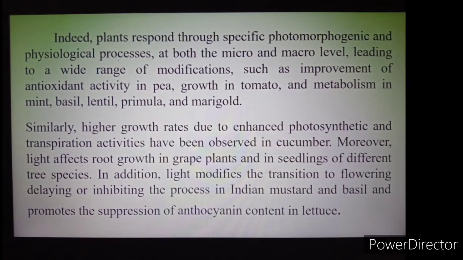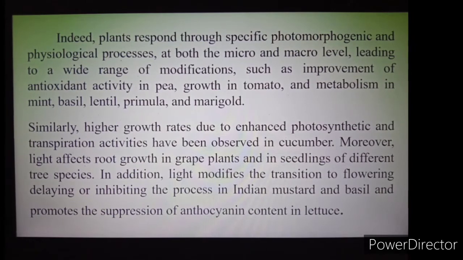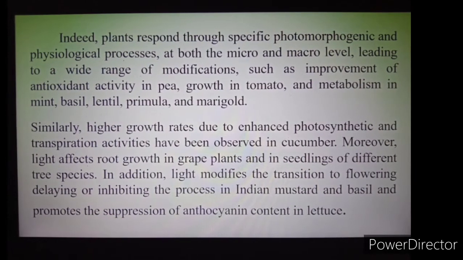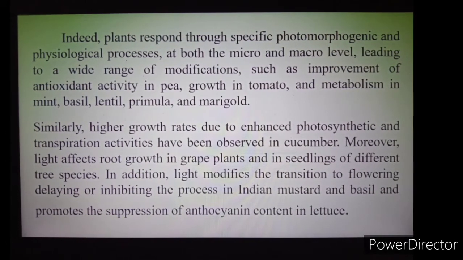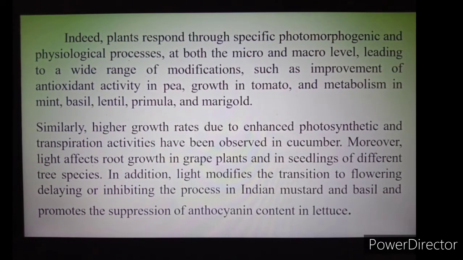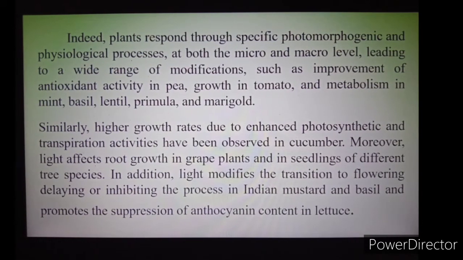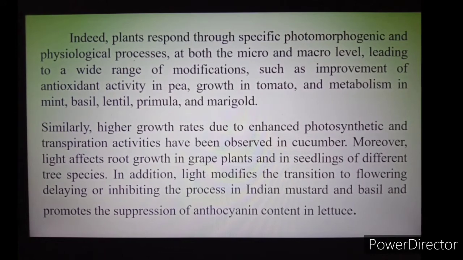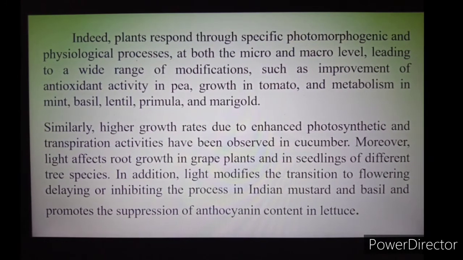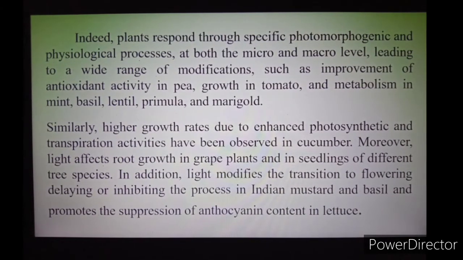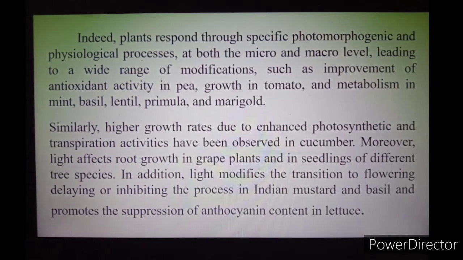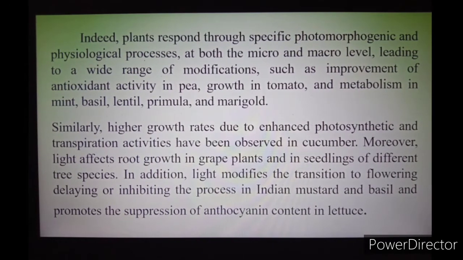Applications such as improvement of antioxidant activity in pea, growth in potato, and metabolism in mint, basil, lentil, primula, and marigold. Similarly, higher growth rates due to enhanced photosynthetic and transpiration activities have been observed in cucumber.